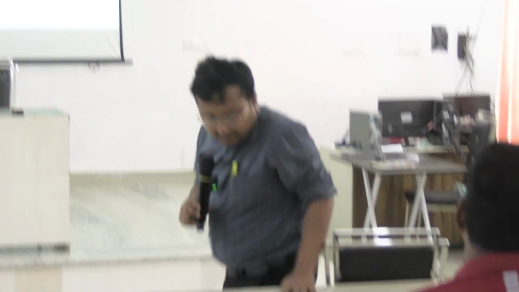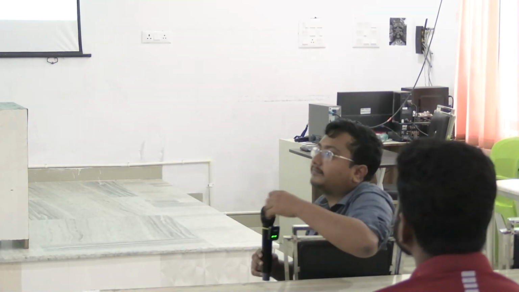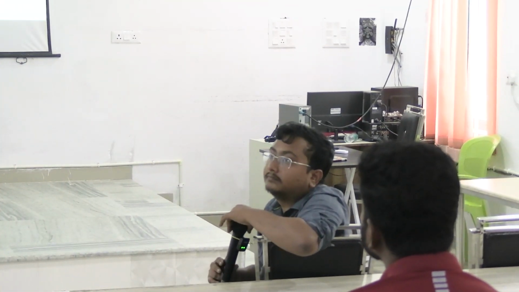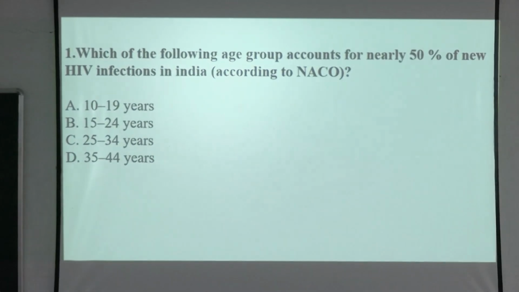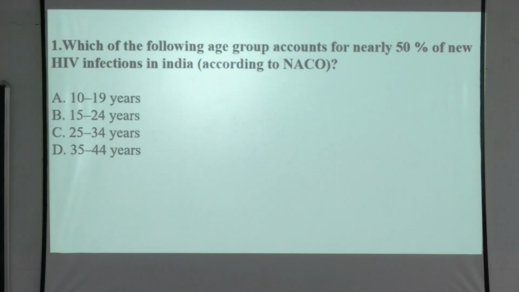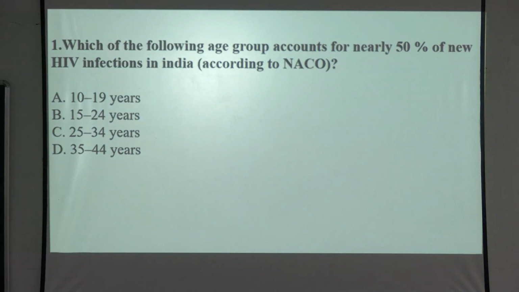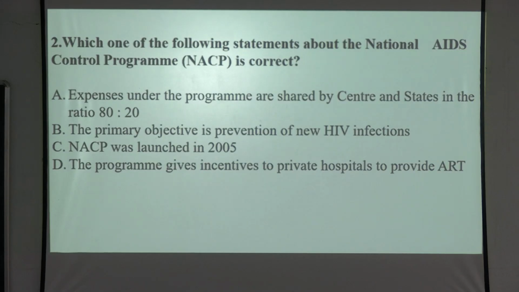What is the answer of the first? Which of the following age group accounts for nearly 50% of new HIV infection in India? C. Okay. Second, which of the following statements about the National AIDS Control Program is correct?